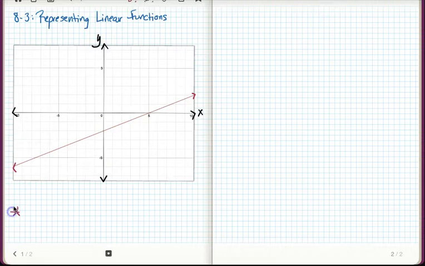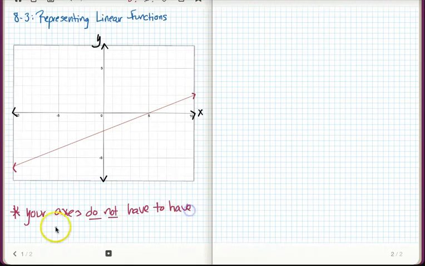Also, just as a side note, this is something you do want to write down. Your axes do not have to have the same scale. For example, you could count by ones on your x-axis and count by 100s on your y-axis.